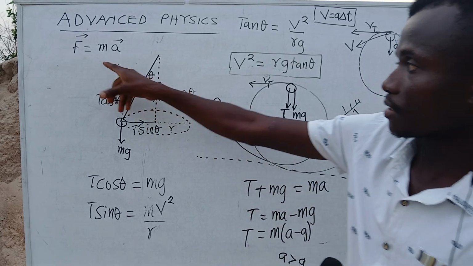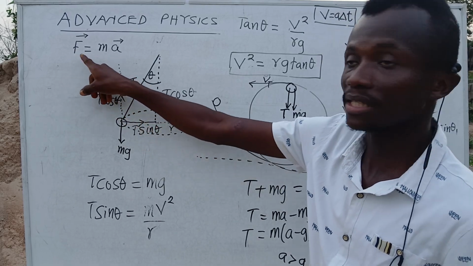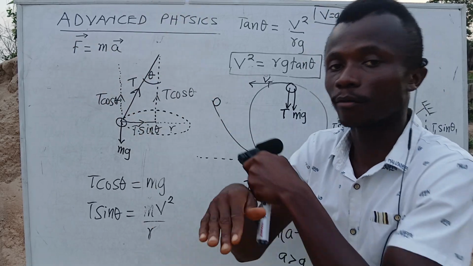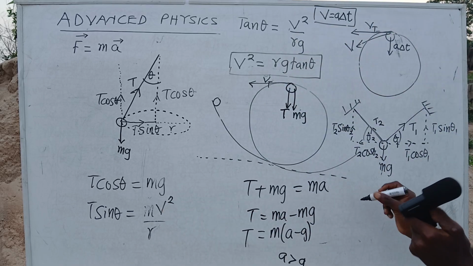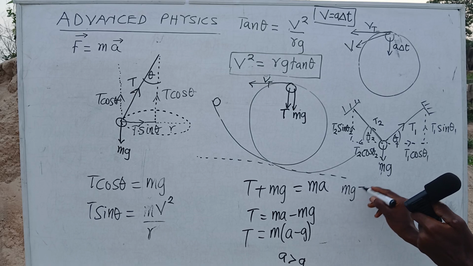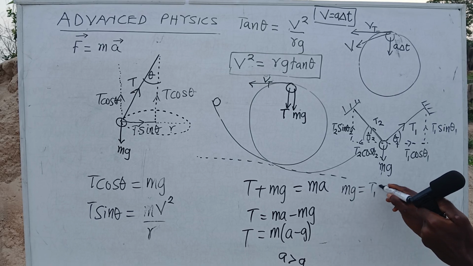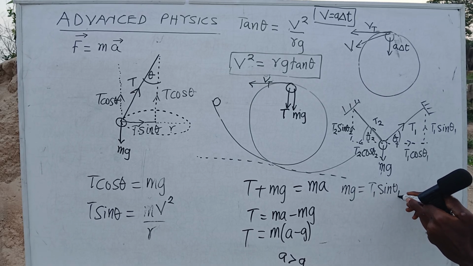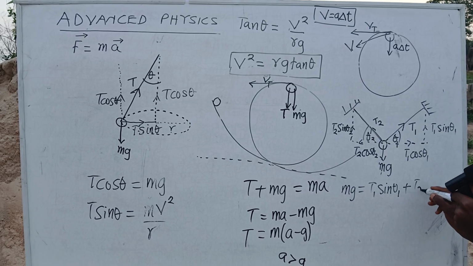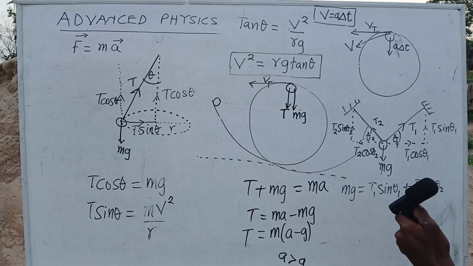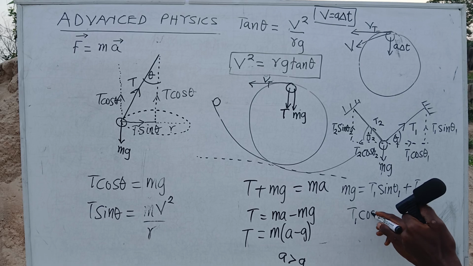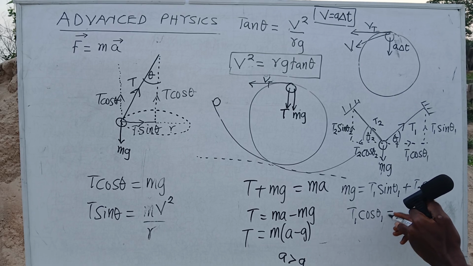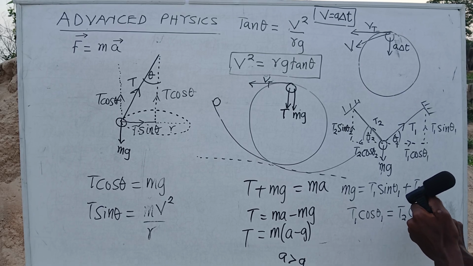So still on Newton's second law, which demands that vertical forces will be equal and horizontal forces will also be equal. For the vertical forces, we have mg equal to T1 sine theta 1 plus T2 sine theta 2. Then for the horizontal forces, we have T1 cos theta 1 equal to T2 cos theta 2.